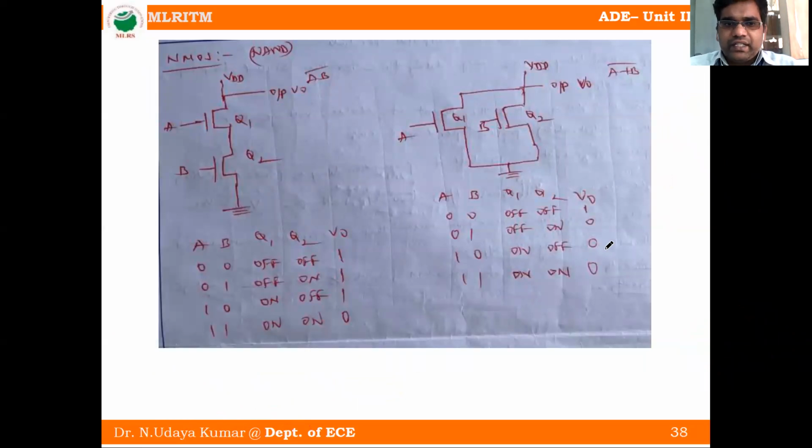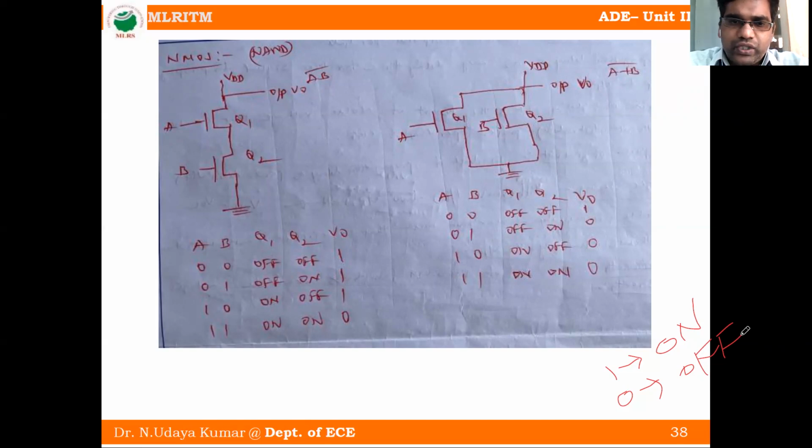Now we will see the NMOS transistor. For NMOS, we have to remember: whenever high voltage is given to an NMOS transistor, it is on. Whenever low voltage, that is 0 voltage, is given to an NMOS transistor, it is off. That means with logic 1 the NMOS transistor is on, with logic 0 it is off.